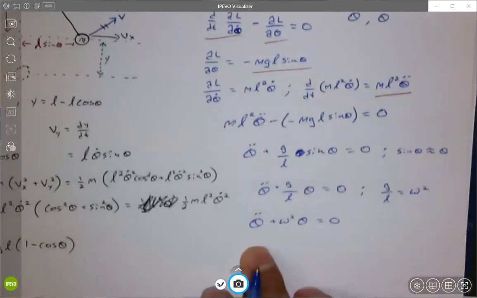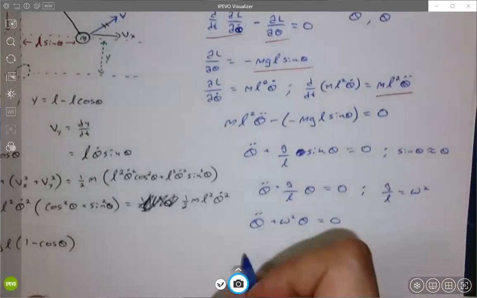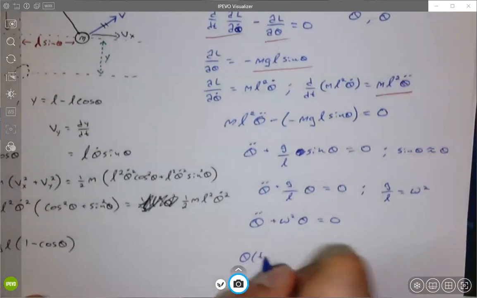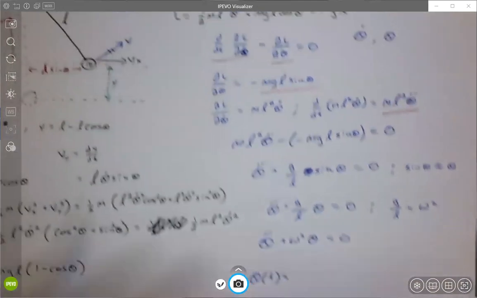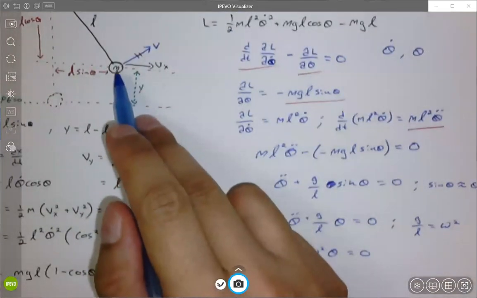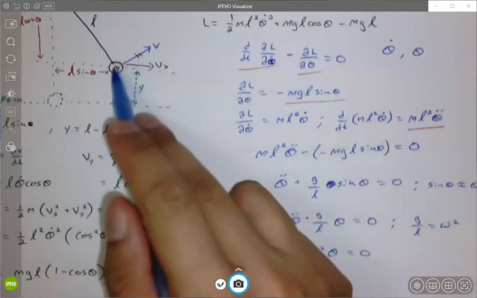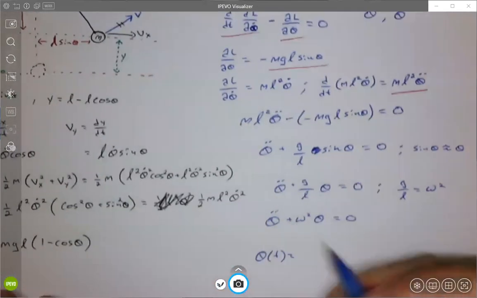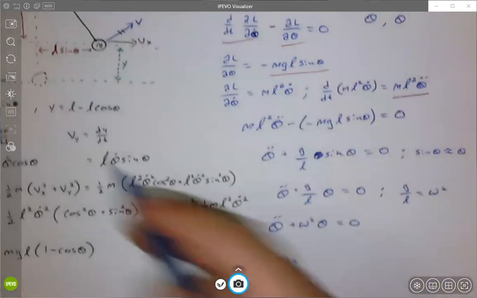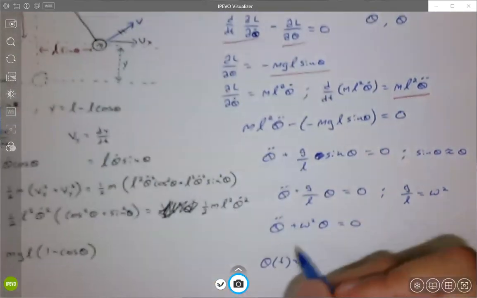And the solution to this differential equation for theta as a function of time is going to be, again, just like with the spring, we start at some amplitude. So it'll be cosine instead of sine, but you could put sine there, it doesn't matter. It just depends on what the starting point is.